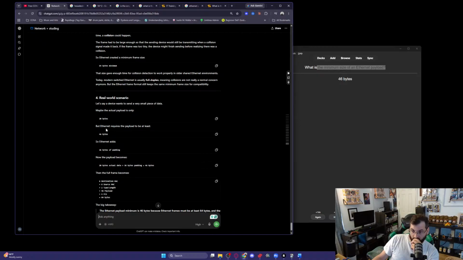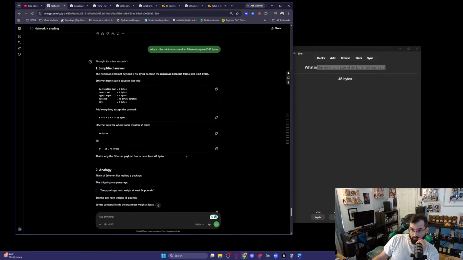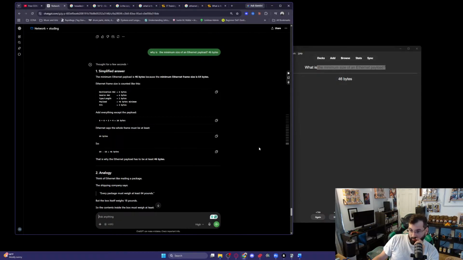Maybe the actual payload is only 20, but the Ethernet requires it, so then it puts padding. So add everything. Those are all bytes. So the Ethernet says the whole frame must be at least that size. Okay, so add everything except the payload. Okay, I think I understand.